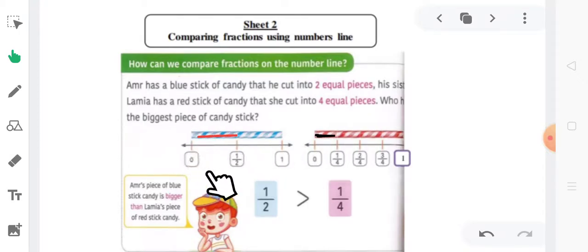Of course, the blue one. So the blue one represents a half. And we know from the previous lesson that when we have less in the denominator, this is the bigger fraction. Okay, it's a crazy fraction.